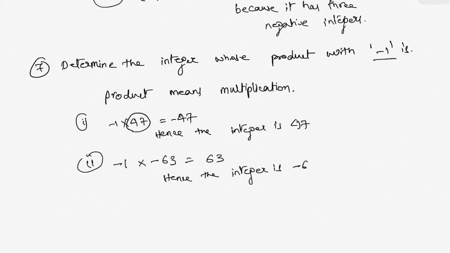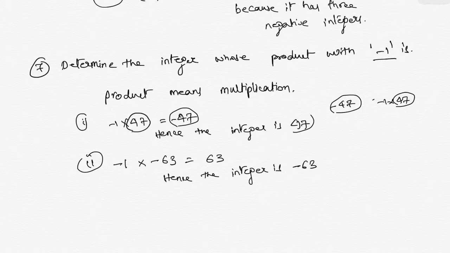So you have to understand here that, like the first question was minus 47, you have to bring minus 47. Now with what will you multiply so that you will get minus 47? To get minus 47, you have to multiply minus 1 with 47. So that's why the integer is 47.